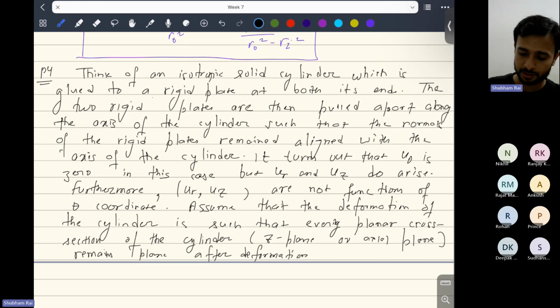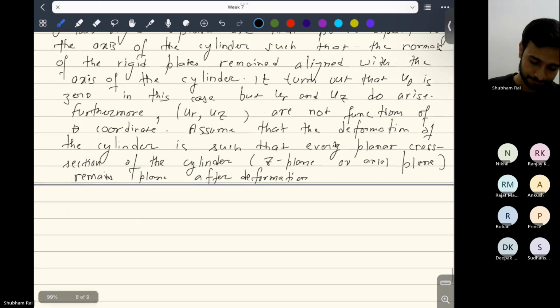And the rigid plates also remain normal to the Z axis. But it does change the radius. The radius of the planar cross sections will change.